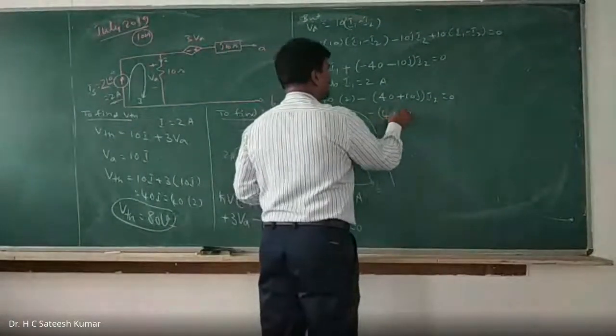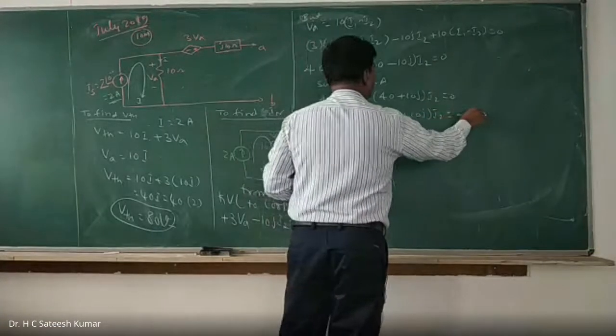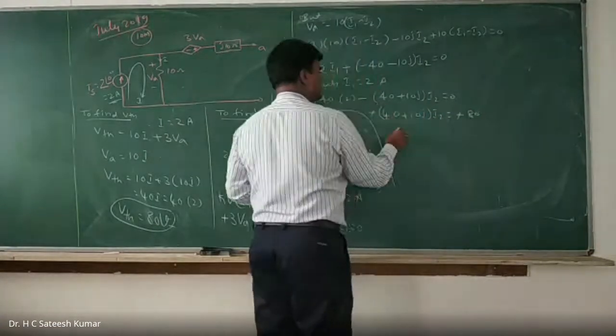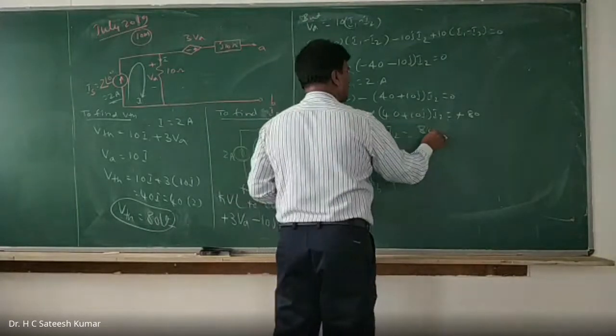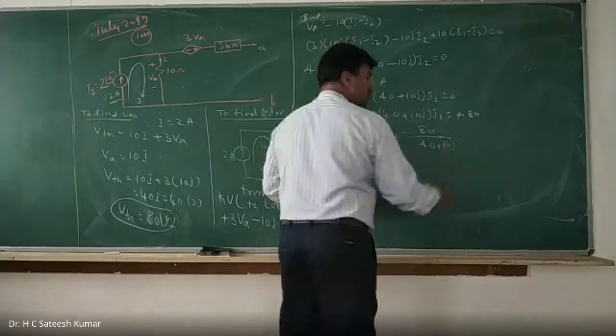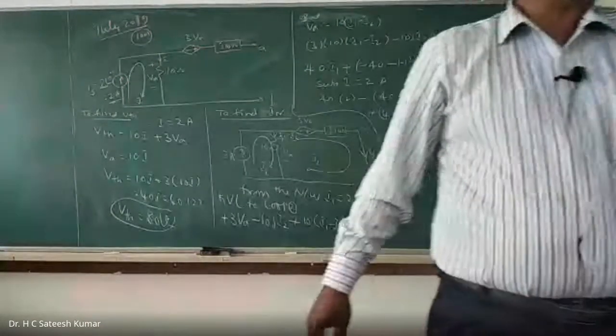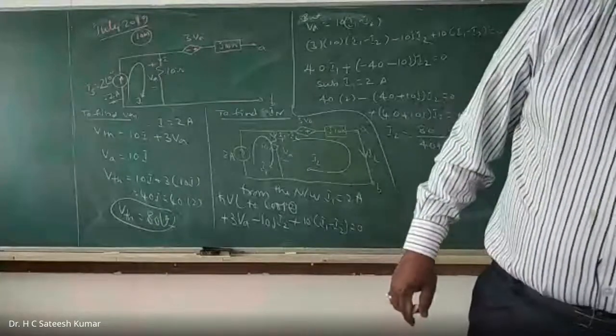Minus of 40 plus 10J into I2 is equal to minus 80. Minus minus gets cancelled. I2 is equal to 80 divided by 40 plus 10J. Complex value. Okay, right. How to solve this one?